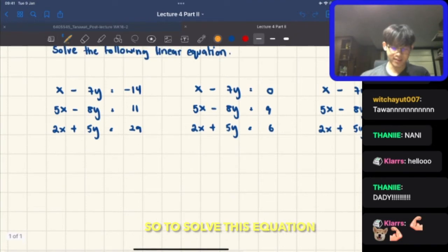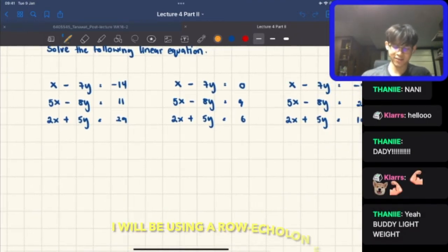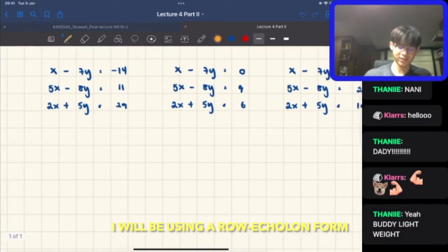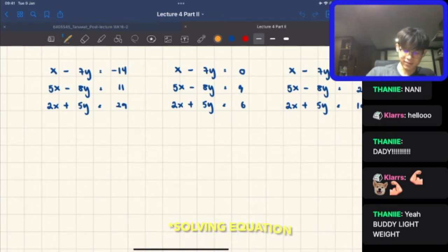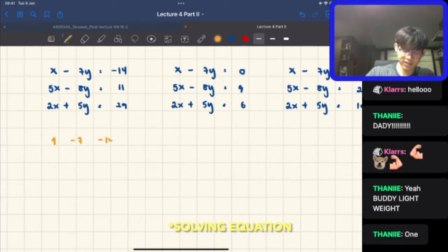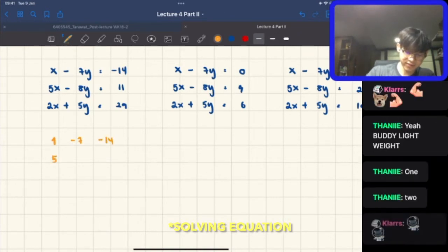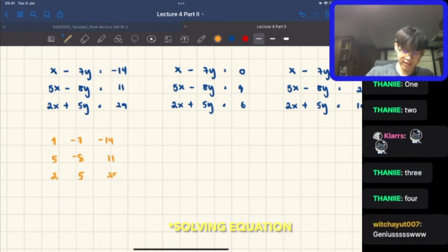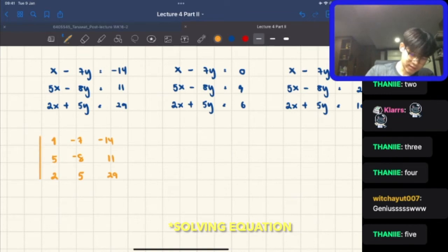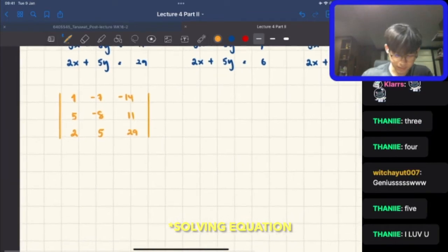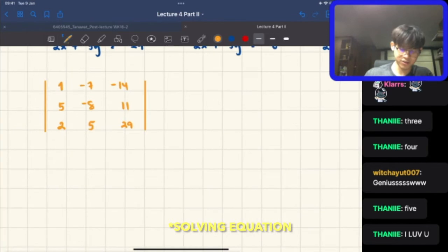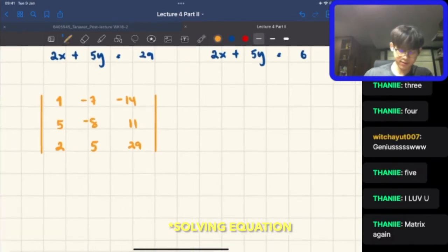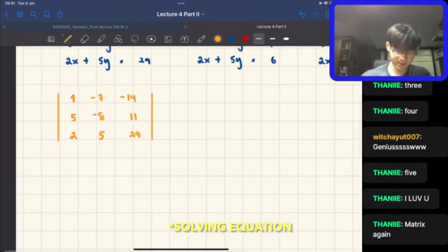Okay, so to solve this equation, I'll be using the row echelon form. We have 1, -7, -10, then row 5, -8, 11, then 2, 5, 29. First, let me reduce and delete all the first numbers into 0, and leave only 1.